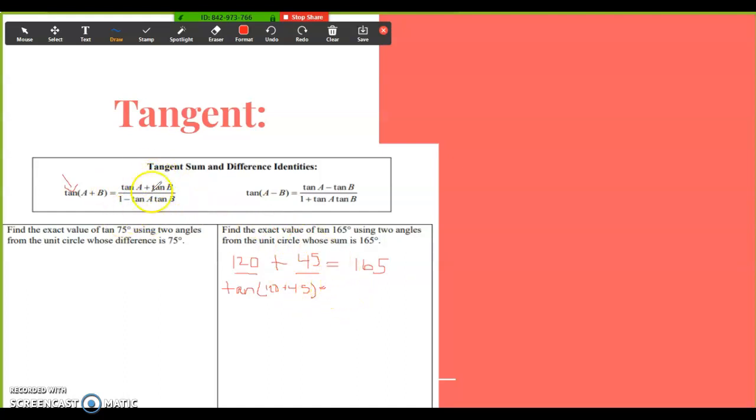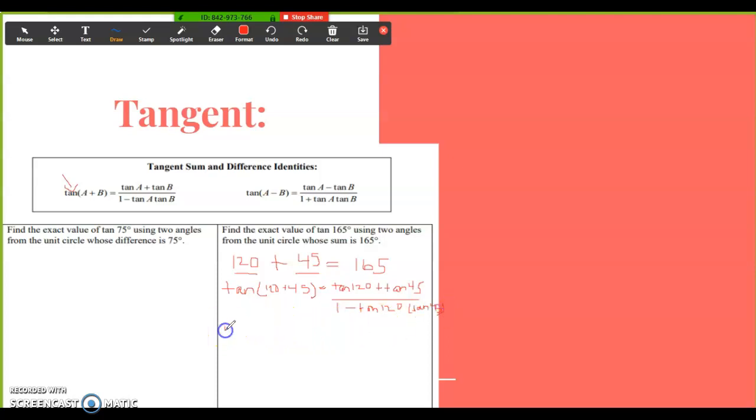So I will be taking the tangent of 120 plus the tangent of 45 over 1 minus the tangent of 120 times the tangent of 45.